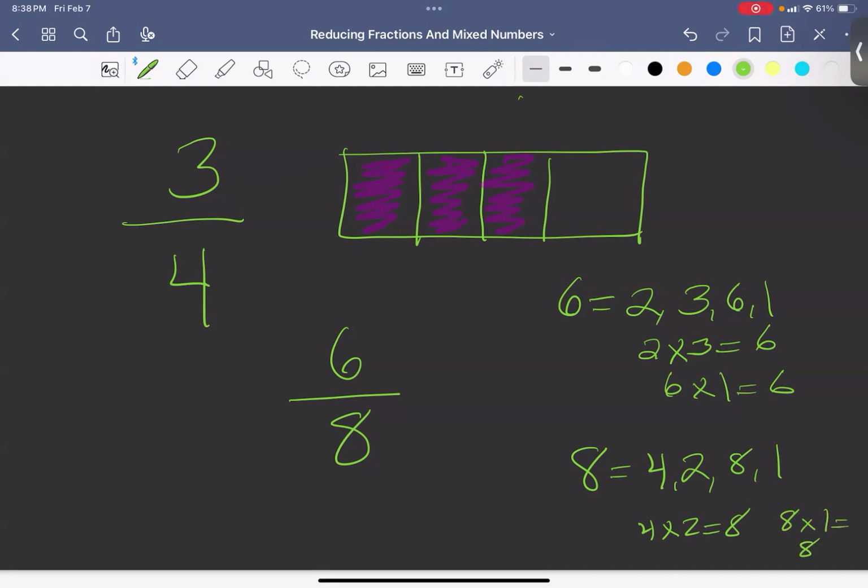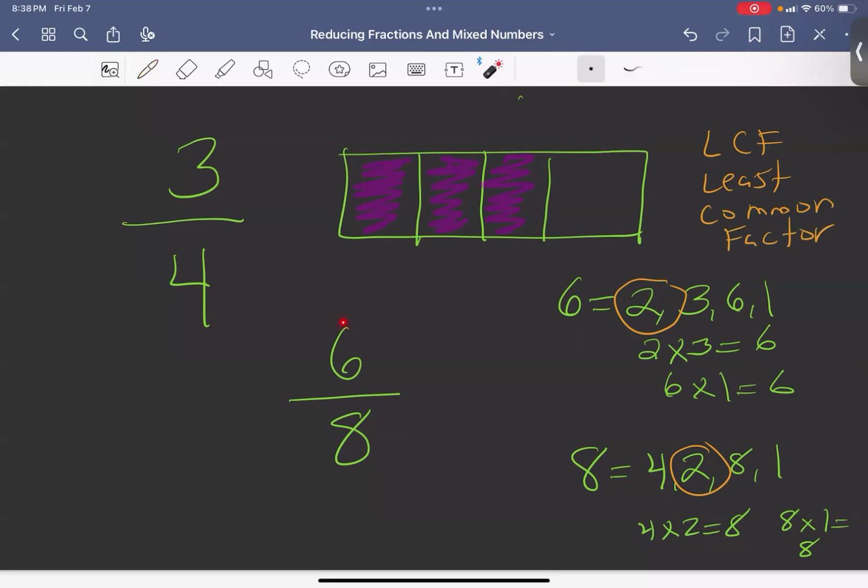So a factor that they have in common, or that they share, is 2. This is also called the LCF, or the least common factor. So when I have a fraction that I want to divide, I want to look for the least common factor.